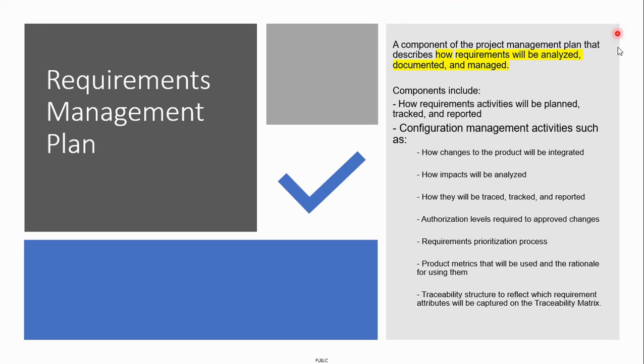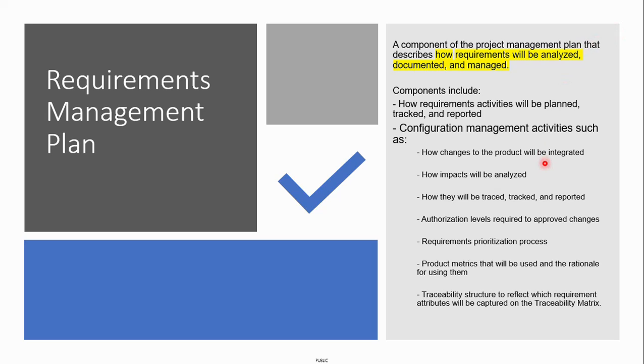Also, another output of this process will be the requirements management plan. Like the scope management plan, the requirements management plan will specify how the requirements will be analyzed, documented, and managed in this project.